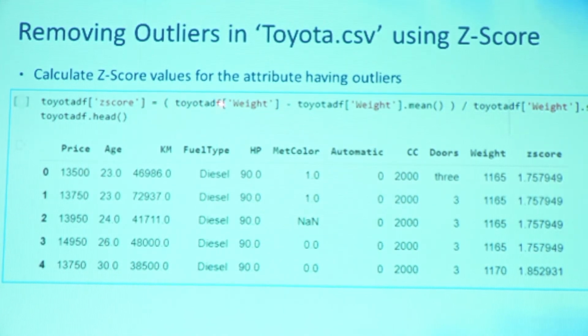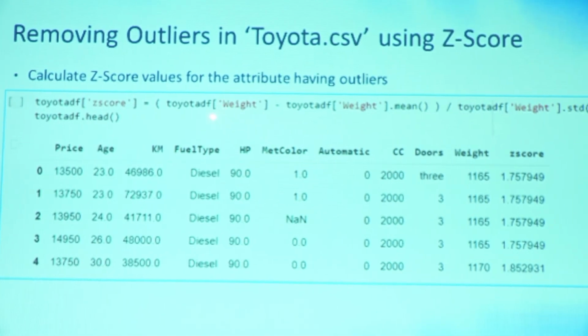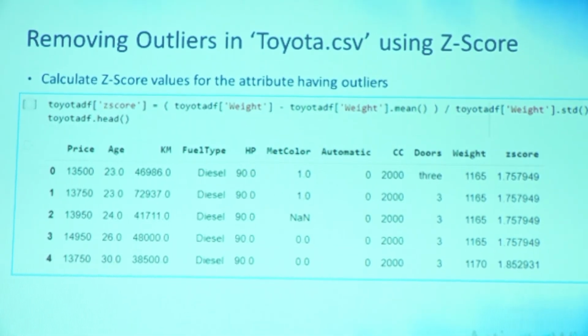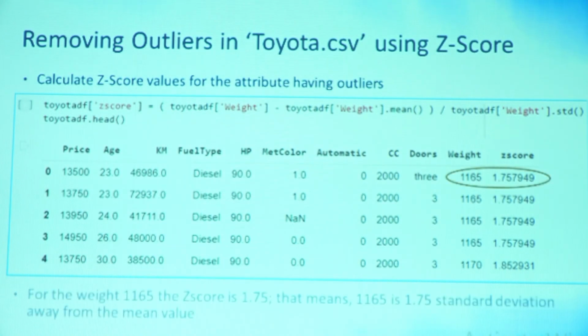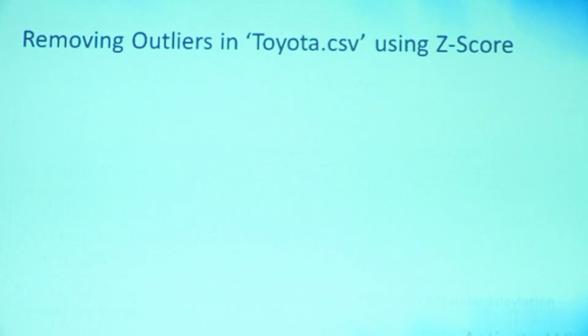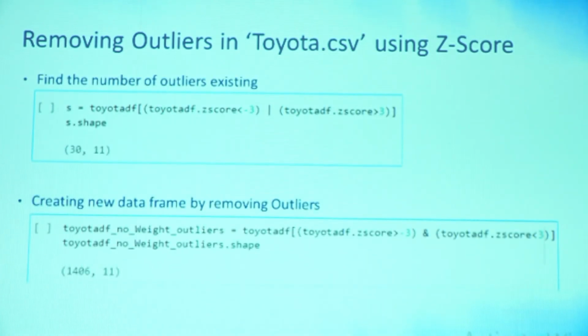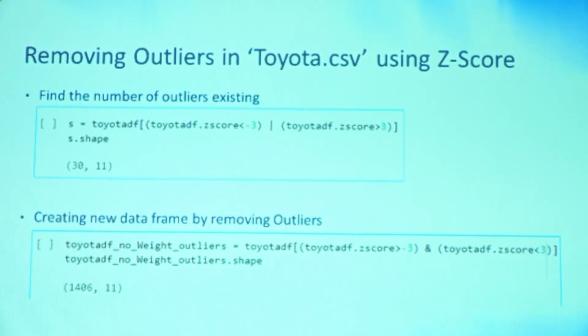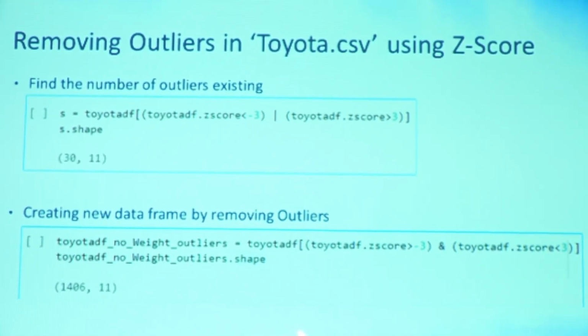Using Z-score, this is the formula, right? What is the formula? Entire weight minus mean of the weight by its standard deviation. So these 3 methods, any one method you pick up and you detect your outliers. After that, create a new data frame after you have detected the outliers and work with it.